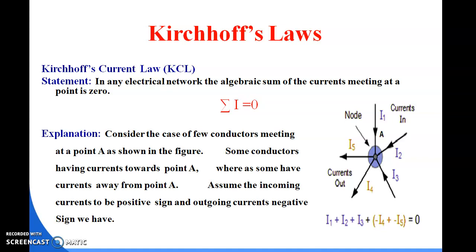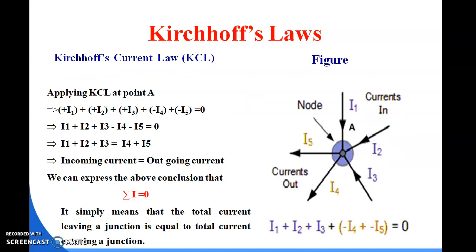Assuming the incoming currents to be positive and the outgoing currents to be negative, we have I1 + I2 + I3 - I4 - I5 = 0. Okay, here we have applied KCL at point A. Then we derive the equation I1 + I2 + I3 - I4 - I5 = 0.